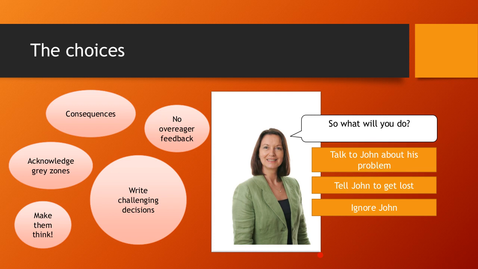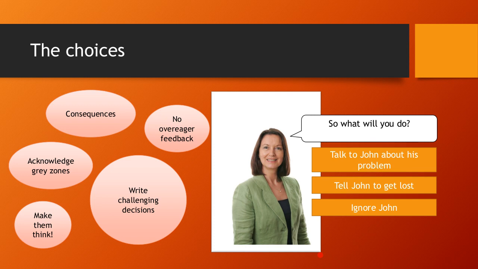Something I want to spend some time on is the choices, because basically that's the heart of your learning scenarios. How do you write really good choices? And it's very much related to how you write really good multiple choice questions. So the example that I give here is, the fictional situation could be like John's coming to talk to you in the office about a problem, and you give these three choices.